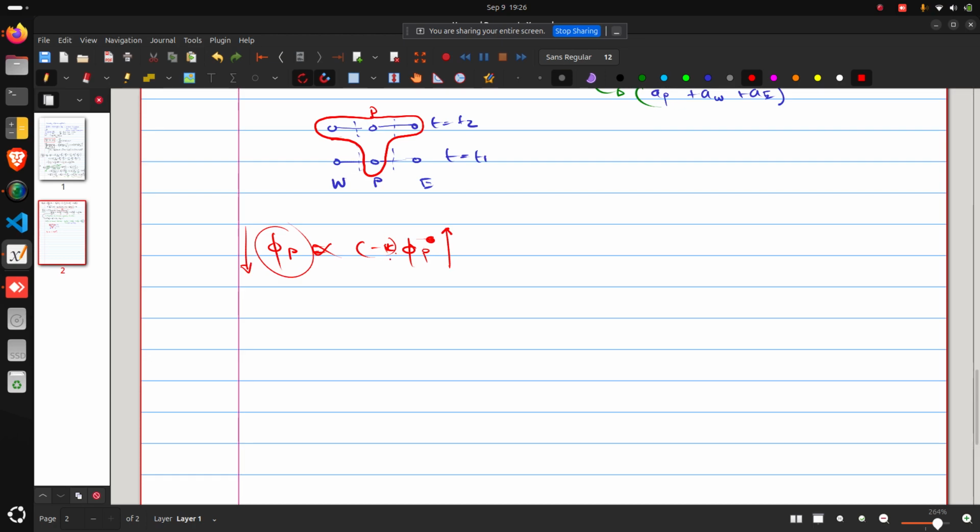Because this is having a subtractive effect on the phi p. So what will it cause? For example, if phi is growing like this, then it will decay, then it will again grow, and it will again decay like this. This will cause an oscillatory solution, and finally the solution will blow up.